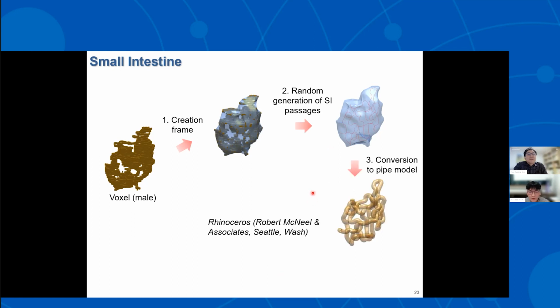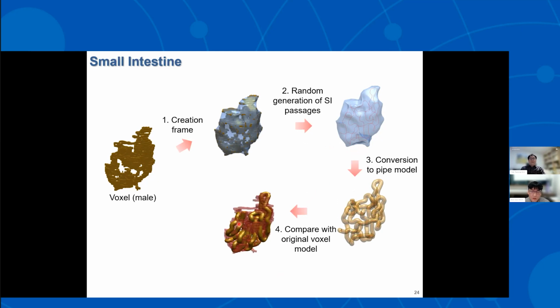Then we converted the center line to a pipe model by using the pipe and mesh functions in the Rhinoceros software. The generated pipe model was compared with the original voxel model by monitoring geometric similarity parameters such as the volume overlap ratio.